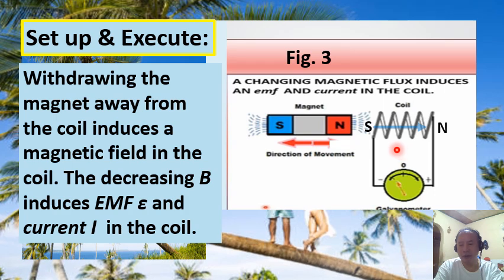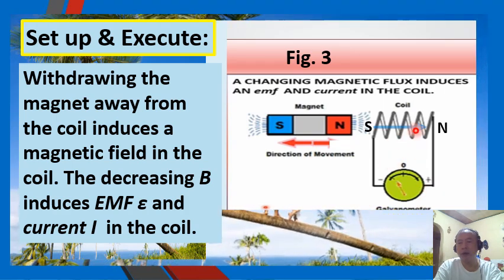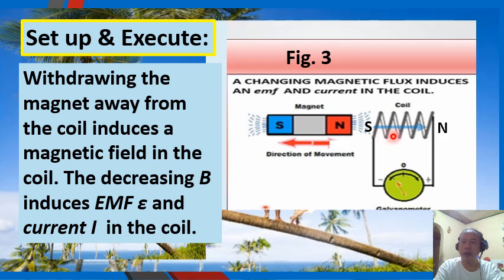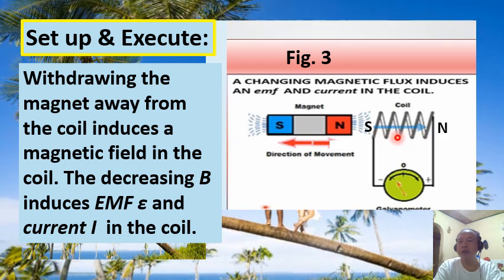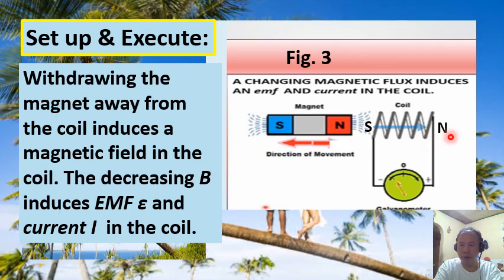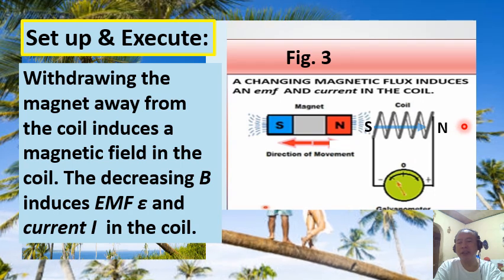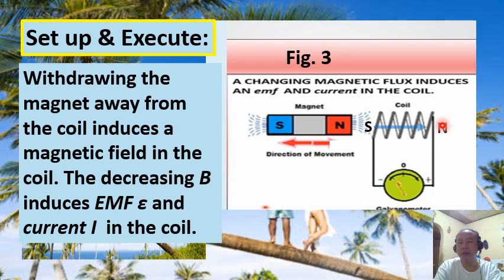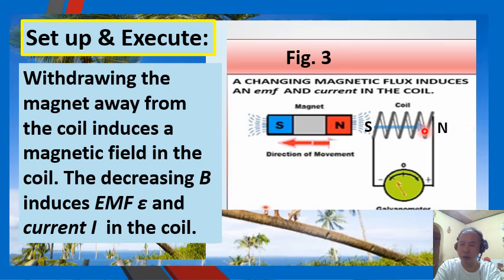So you see, it is important also to be able to describe the direction of the current that is induced in the coil, at the same time that there is an induced EMF or voltage. So imagine that there is an observer from the right end of the coil, looking into the coil.